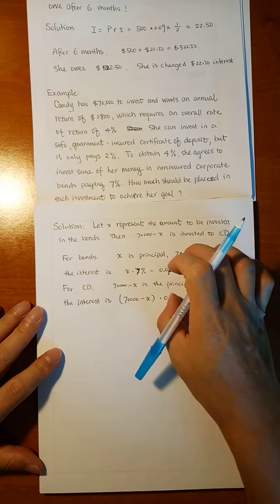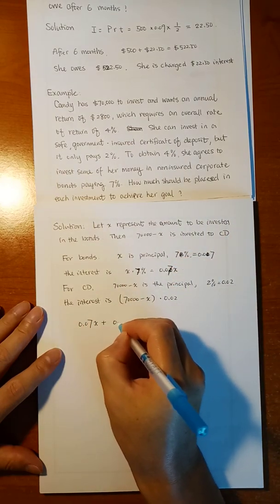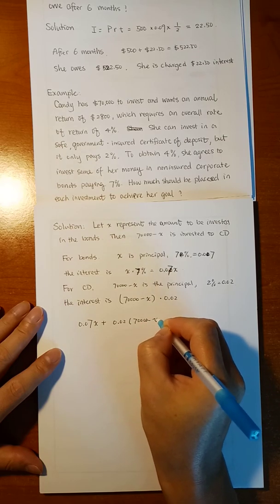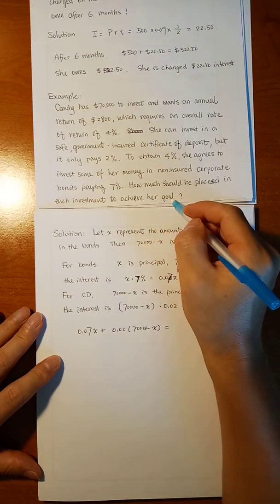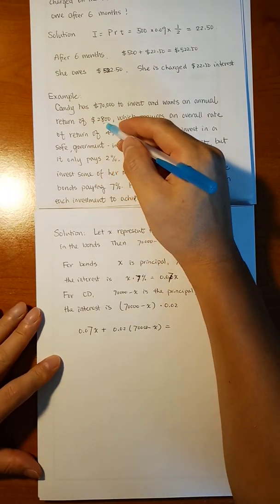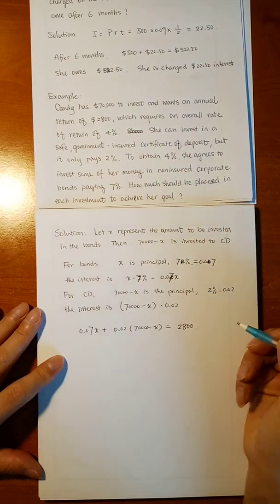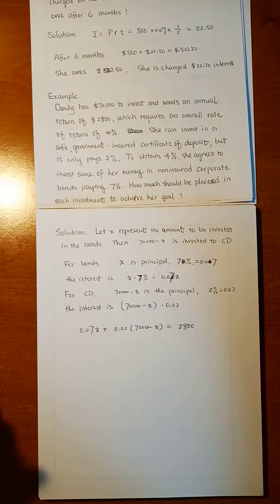So you add these two together, and the sum should achieve her goal. What is her goal? Her goal is $2,800 per year. So this is the essential equation, right?